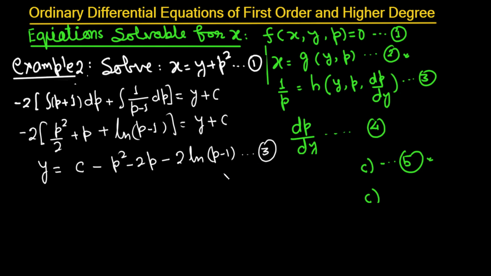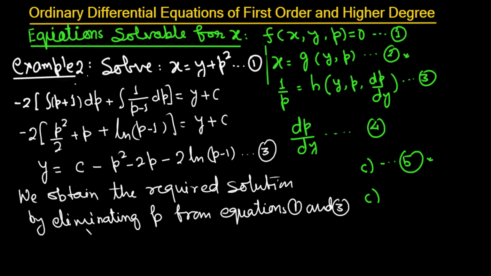Okay, in this case, this elimination process is difficult because it's difficult to solve explicitly for p in terms of y and c from equation number 3. So we will write the final answer: the solution of the given first order and second degree equation 1 is obtained by eliminating p from equation number 1 and equation number 3. We obtain the required solution by eliminating p from equations 1 and 3.